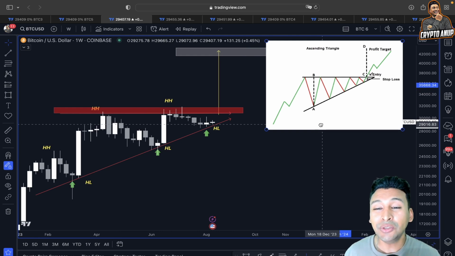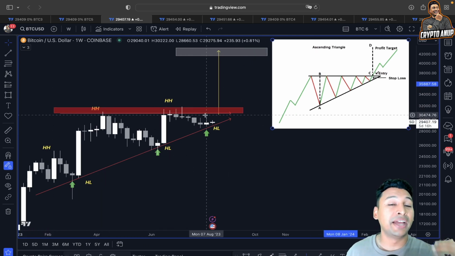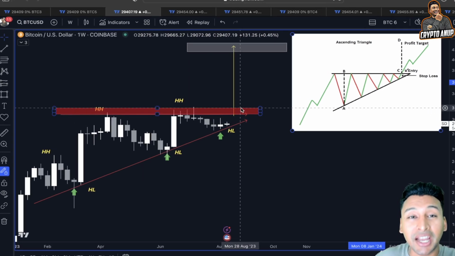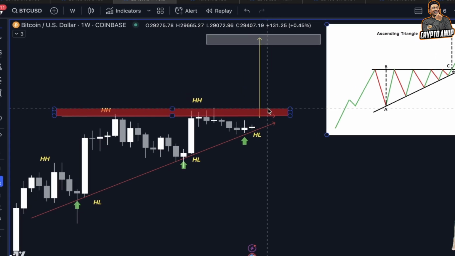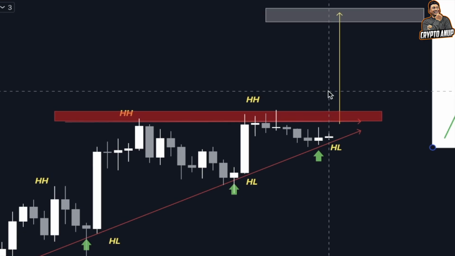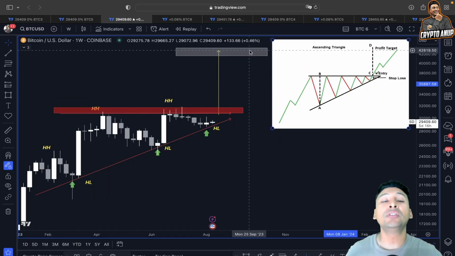According to this ascending triangle as well, even though the price is forming higher highs and higher lows, it must break the previous high, which is again around 32,000 if we want to start with the actual bullishness. This ascending triangle is a bullish continuation pattern with a price objective around the 40,000 to 50,000 range.